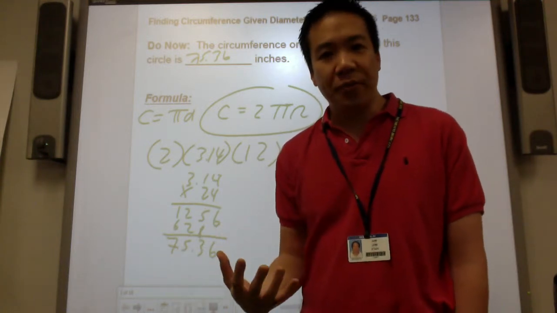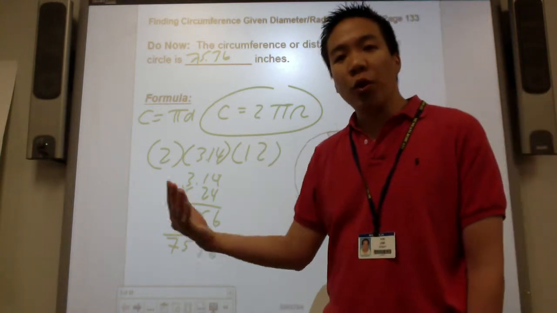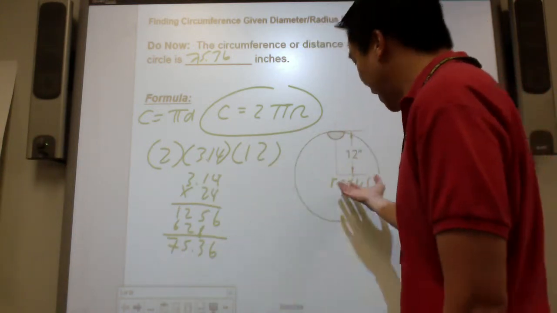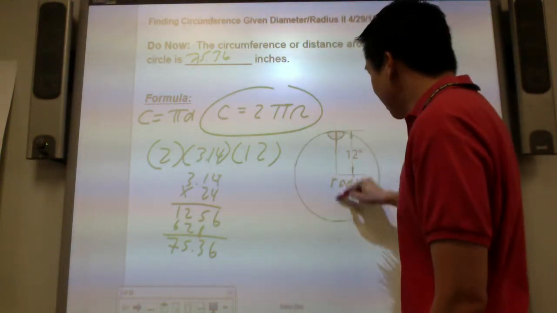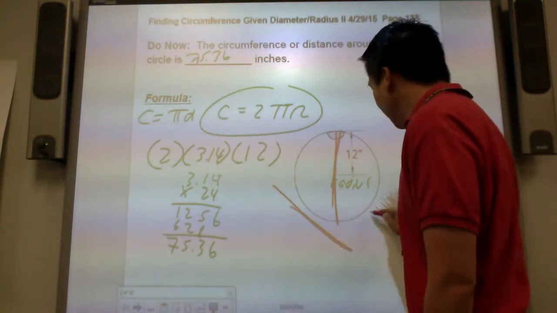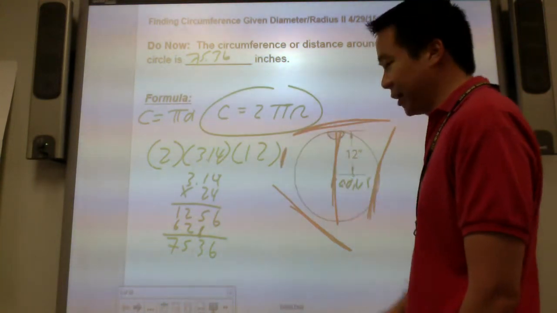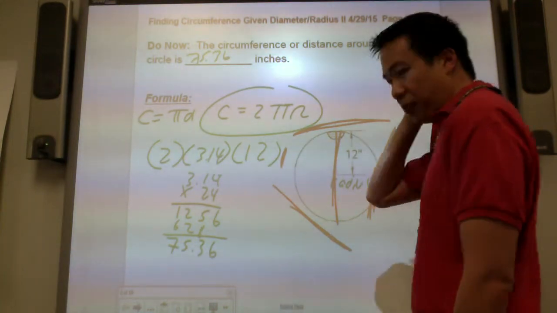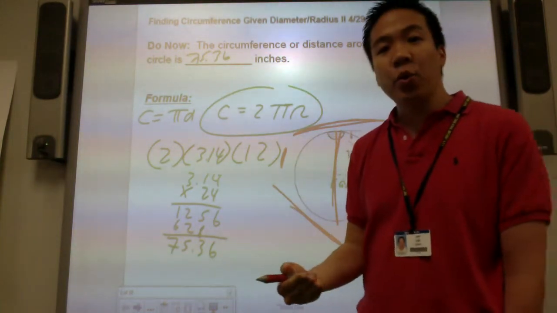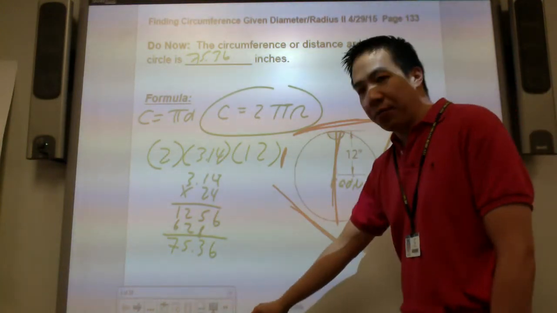What's the ratio here? A circumference is about 3.14 times the diameter, or about 3 times the diameter. For example, if this is the diameter, you have 1, 2, 3, and then you'll have this 0.14 right here. So a circumference is about 3.14 or 3 times the length of a diameter.